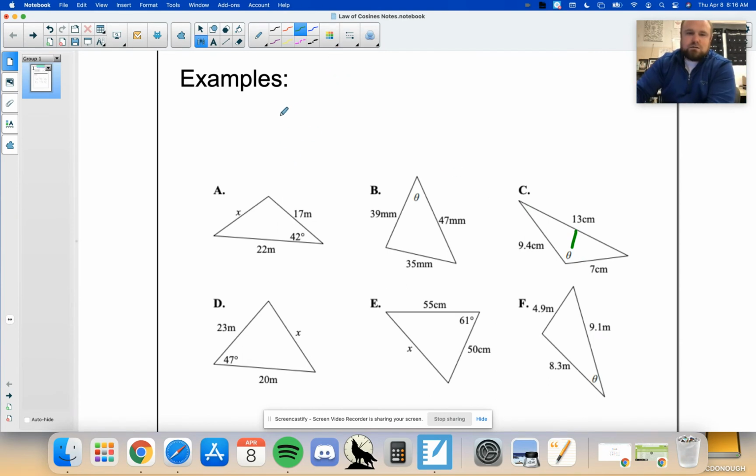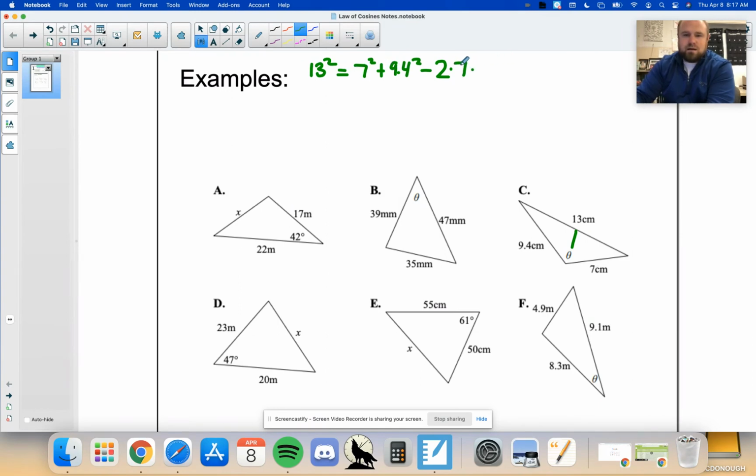So I'll do this one a little bit quicker in terms of the setup, but it's very similar to the other one. It is going to be 13 squared is equal to, and it doesn't matter if you do 7 or 9.4 first. So 13 squared equals 7 squared plus 9.4 squared, minus, same pattern as always, there's always a 2, times the 7, which is the first number here.